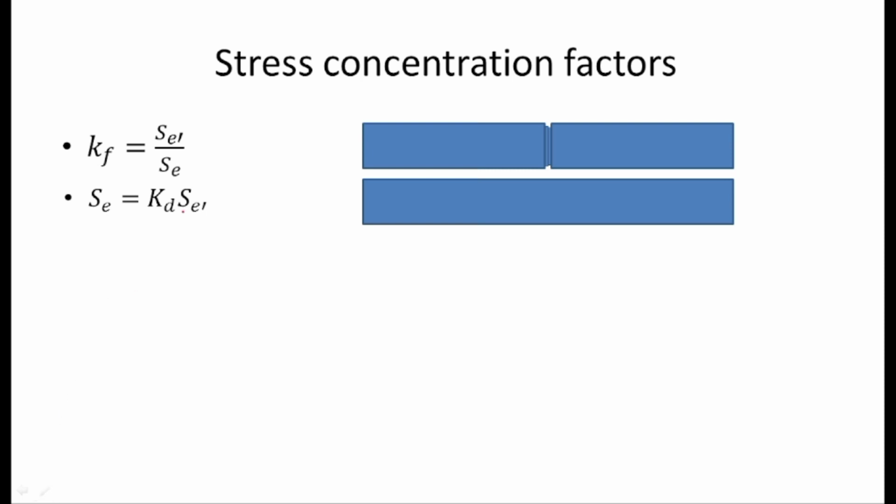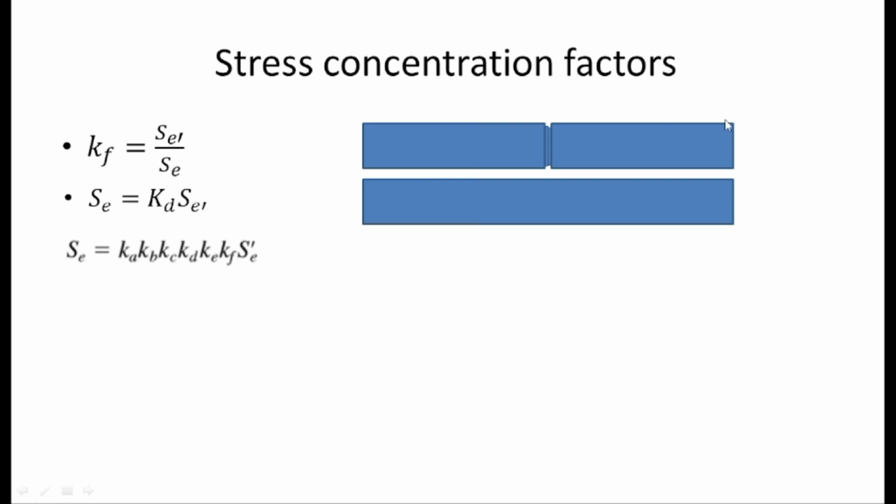Now here I want to mention that this will be the endurance limit of the critical location. Critical location means where the stress concentration will be maximum. SE will be for this area. Since in this case we have included only the effect of the notch, let's discuss some other things as well.